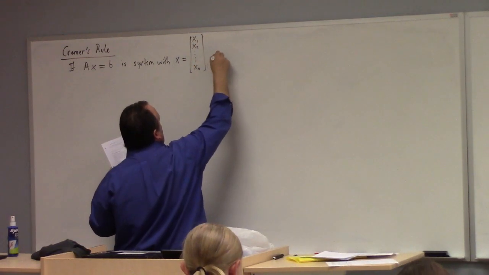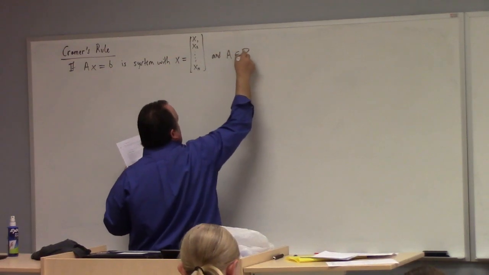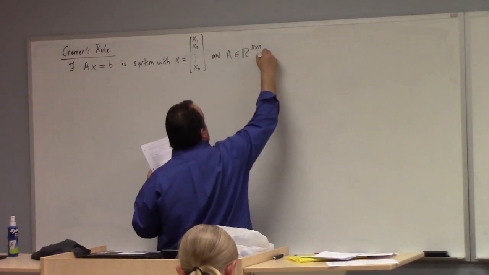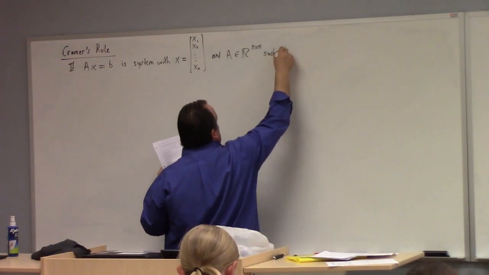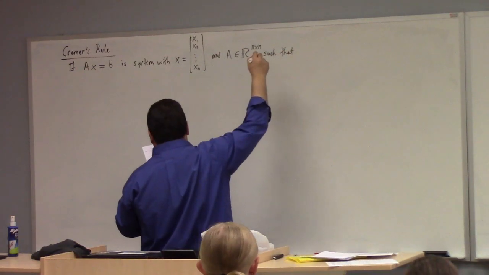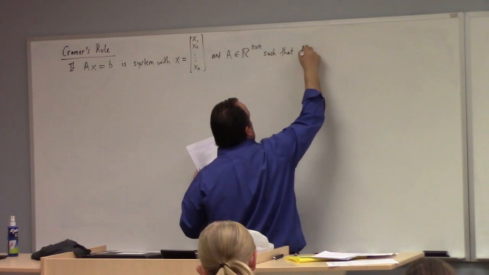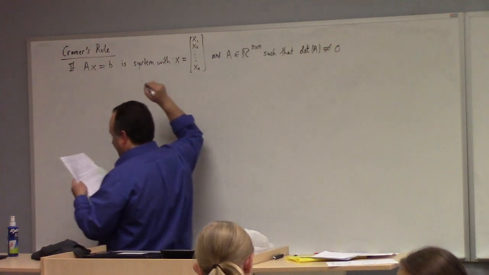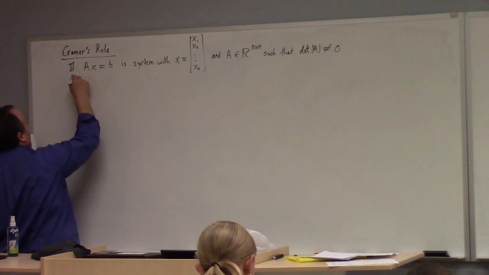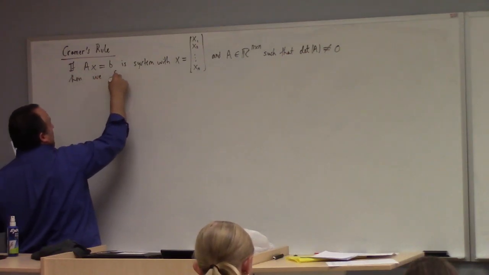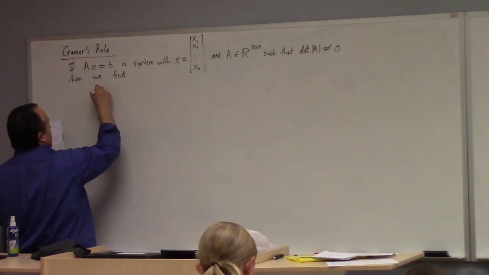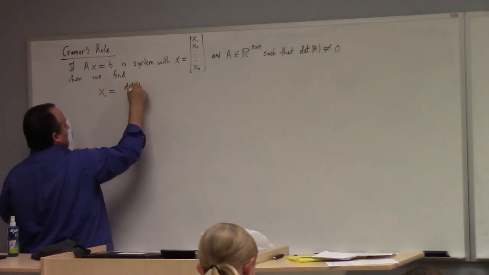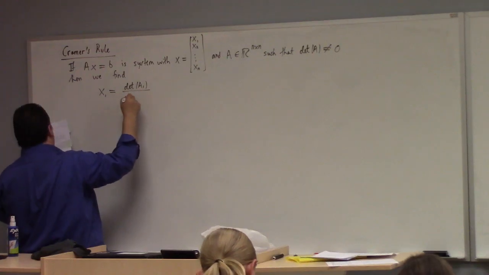And A in R n by n, such that the determinant of A is not equal to 0, then we find x1 is equal to the determinant of A1 divided by the determinant of A.